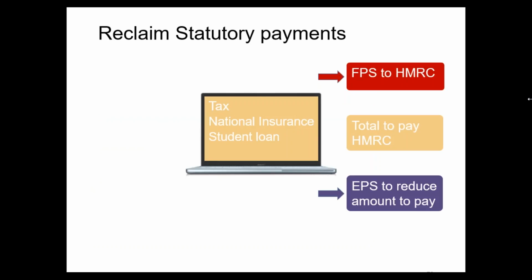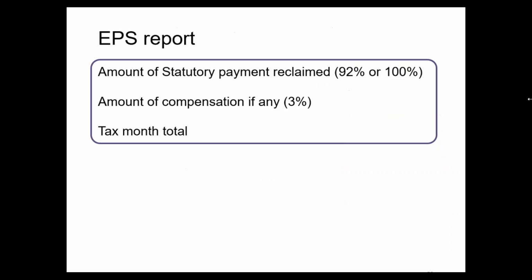You make the claim by sending an EPS to let HMRC know how much you can reclaim. The amount will then be deducted from the full amounts reported on the payment submissions as due to be paid. The EPS will include this information, the amount of the statutory payment you reclaim, also the amount of the compensation you claim if you qualify for it, the tax month the credit is for, and the amount reclaimed for that month.